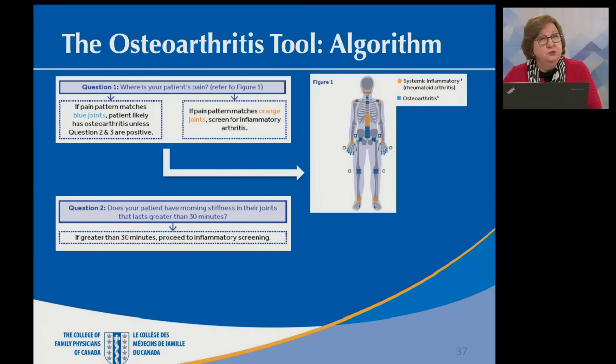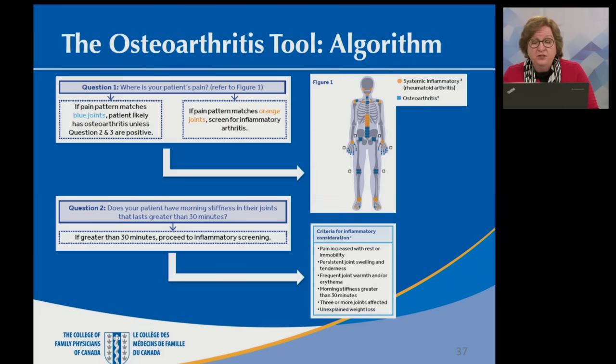And question number 2 is to even dig deeper into that inflammatory potential. Does your patient have morning stiffness in their joints that lasts greater than 30 minutes? If in fact they have an inflammatory pattern and they have morning stiffness of greater than 30 minutes, then you exit this tool and you look at the inflammatory questions that help you determine the possibility of inflammatory arthritis.